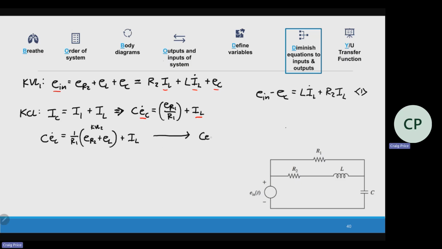So we have C EC dot equals 1 over R1 times R2 IL plus L IL dot plus IL. So I can do the same thing that I did for the first equation, and I get a second equation that looks like this.